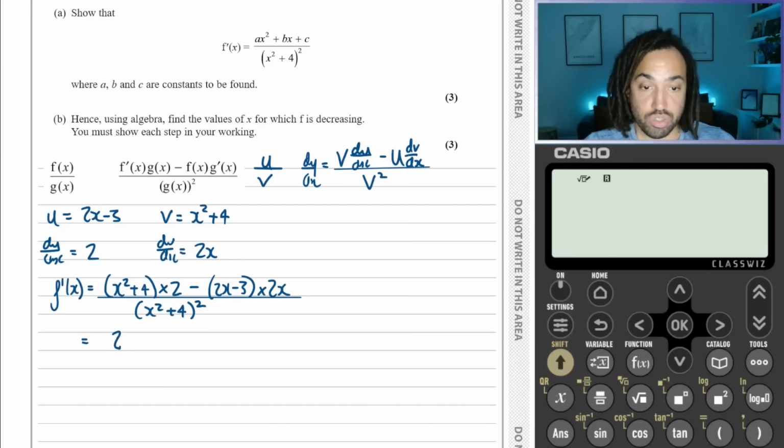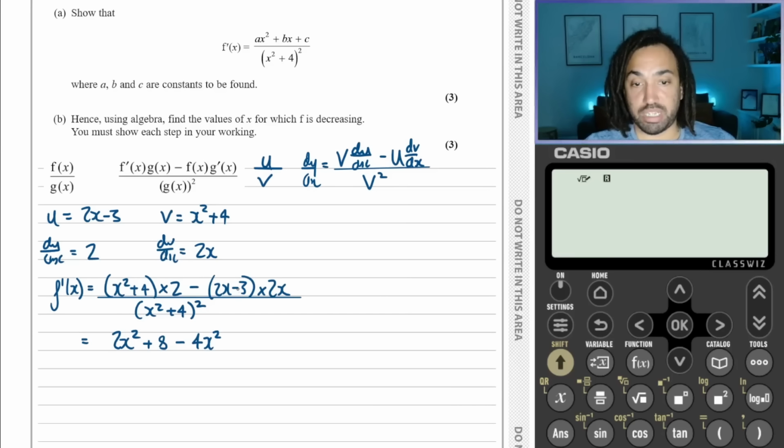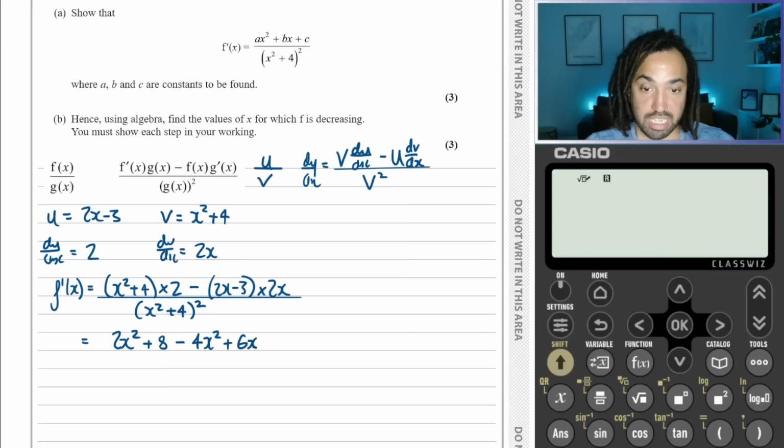We're going to get 2x squared plus 8. This is going to be minus 4x squared, and then the minus and the minus turn to a plus. So when I times this 3 by 2x, we're just going to get plus 6x.